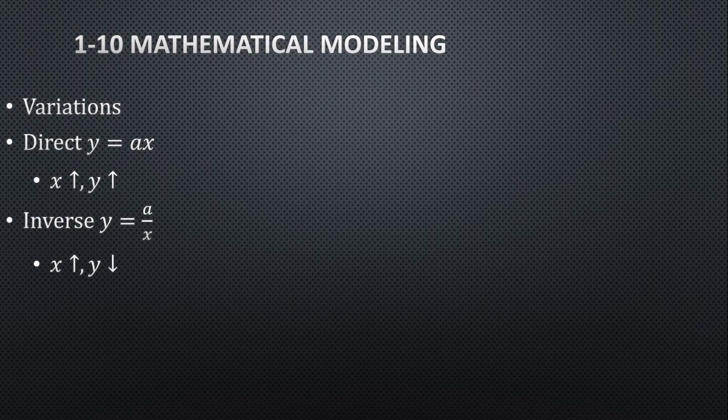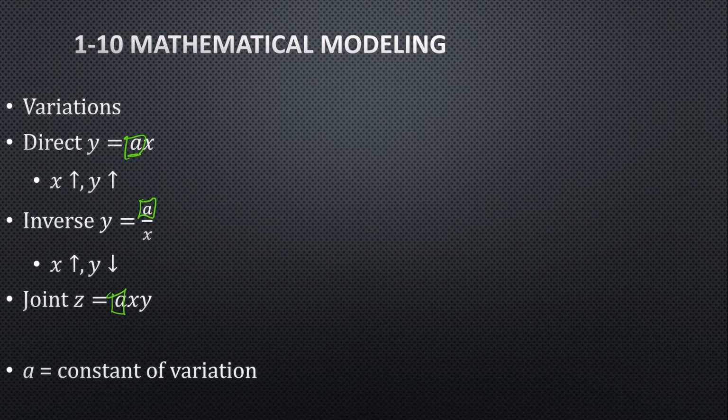Here, if x goes up, the y goes down. The opposite thing happens. Then we have joint variation, where several different variables are multiplied together, so the z in this case would depend on both x and y. Notice they all have this a. That a is called the constant of variation.